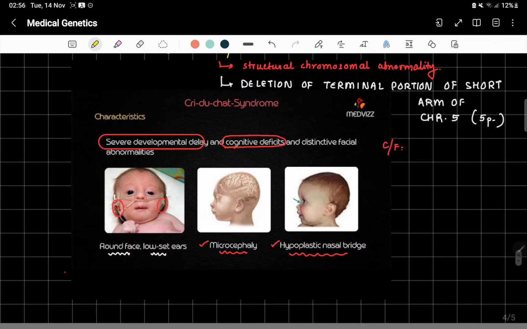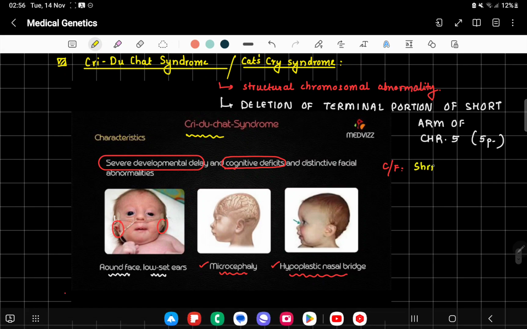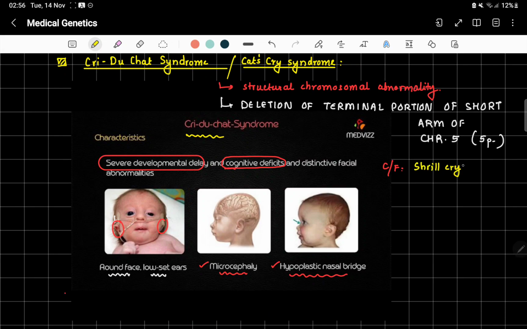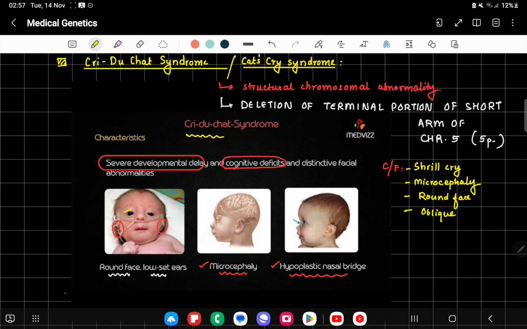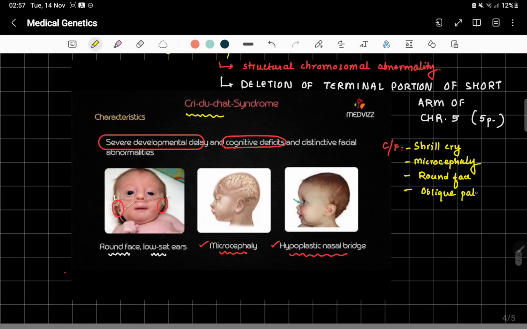Okay, this is called cat's cry syndrome. Cri-du-Chat means cat's cry. It is a shrill cry. The infant has a shrill or cat-like cry. Microcephaly, small brain. Another thing is round face, and the patient has oblique palpebral fissures, look at this. The fissures are just oblique, which is called hypertelorism.